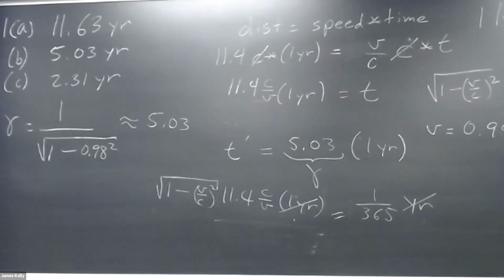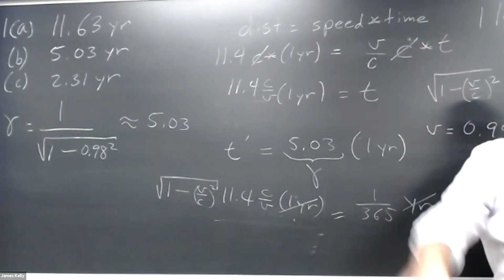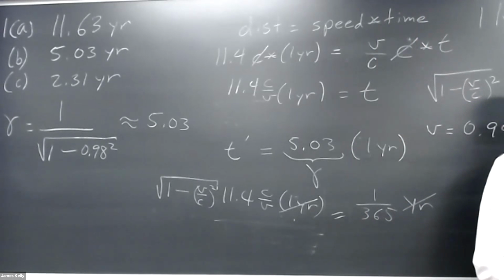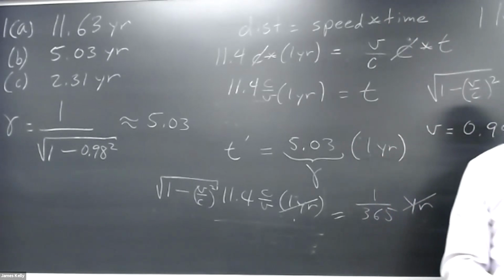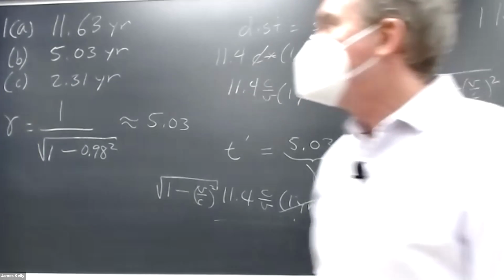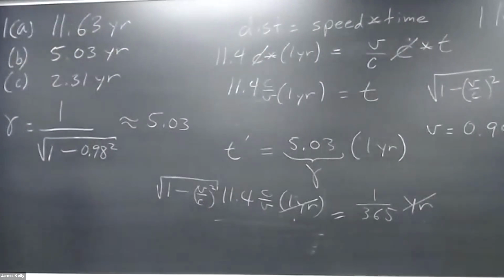How do I calculate how much time elapses from the point of view of someone in the Earth reference frame watching them come down that distance of 10 kilometers? Especially if you're Newton, but actually Einstein would agree with this method. Yeah, use distance equals speed times time.